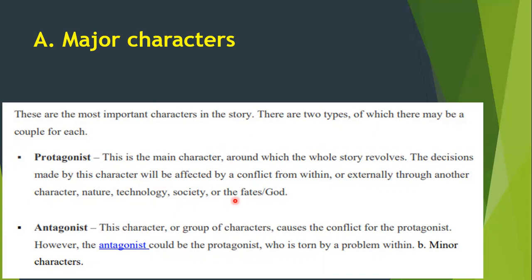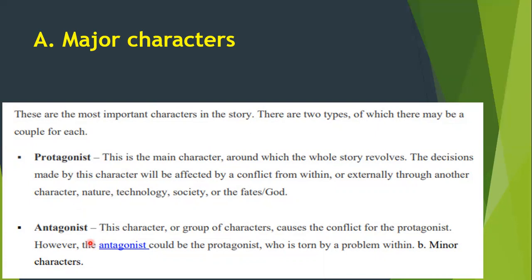So here the protagonist, الشخصية الرئيسية, البطل. And the second one is the antagonist, غريم البطل, the hero's enemy. We can't translate it directly into Arabic. This character or group of characters causes the conflict for the protagonist.